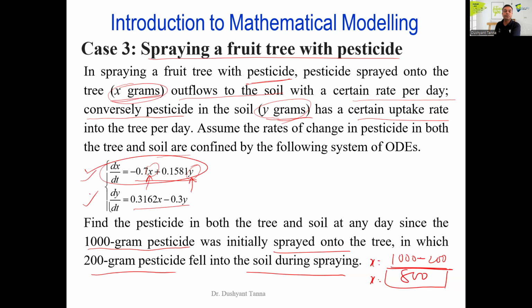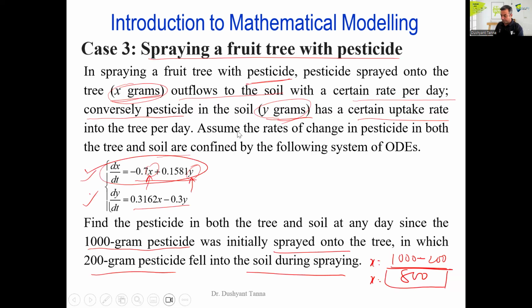You can't take care of 3 variables. So you have to make an equation with 2 variables, preferably x and t or y and t, right? Because x is a function of t, y is a function of t. Earlier section, we had either y is a function of t, or x is a function of t, or y is a function of x. So again, you always have one dependent variable, one independent variable.